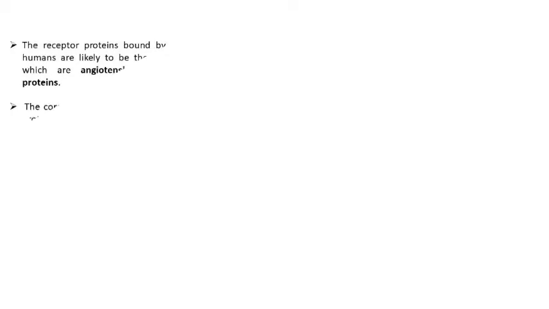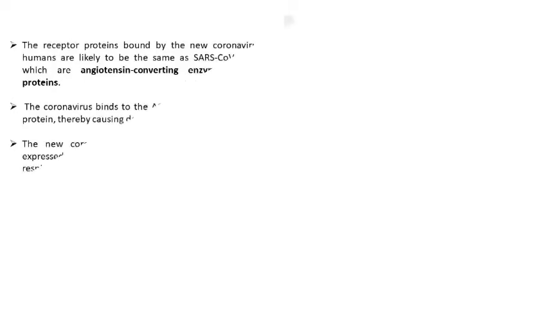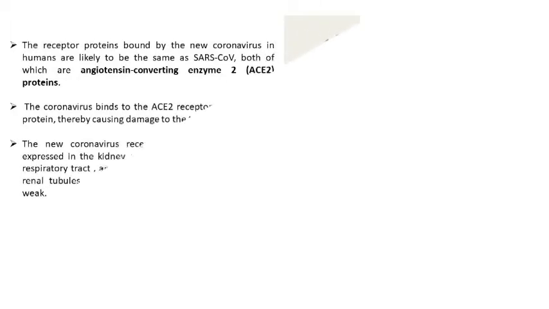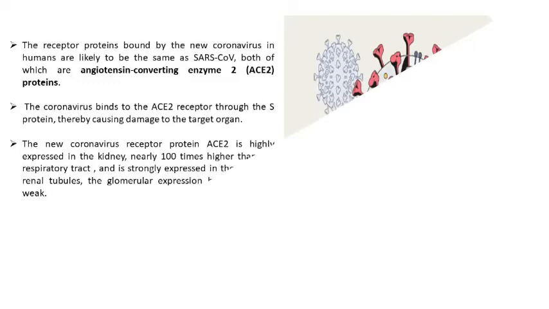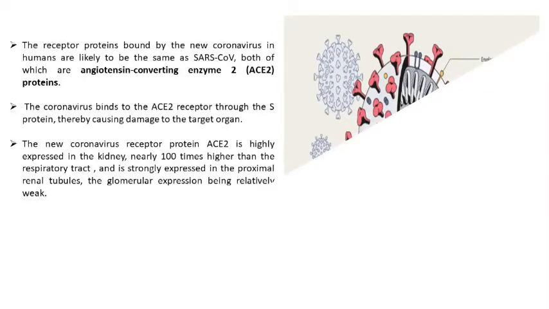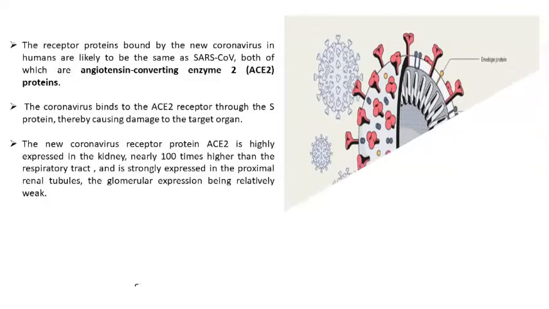Therefore, the spike determines to some extent the infectivity of the virus. Studies have shown that the receptor protein bound by the new coronavirus in humans is likely to be the angiotensin converting enzyme 2, ACE2 protein. Also, it is inferred that the new coronavirus binds to the ACE2 receptor with the facilitation of the TMPRSS2, and through this it goes into the cell and causes organ damage.